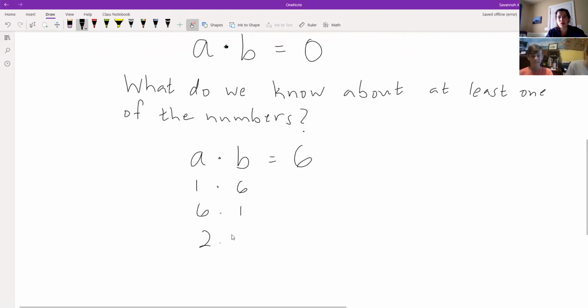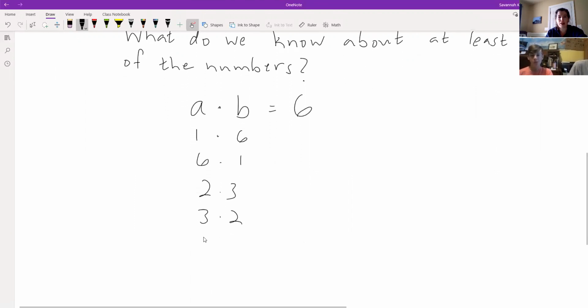You could have 2 times 3, 3 times 2, and these are just positive whole numbers. I haven't even gotten into the fact that you could have 12/13 times 13 over 2, for example. I haven't even gotten into the fractions, and I also haven't gotten into the fact that you could have negatives.